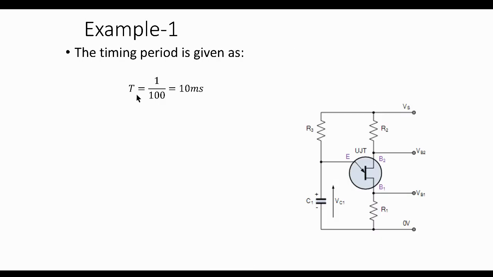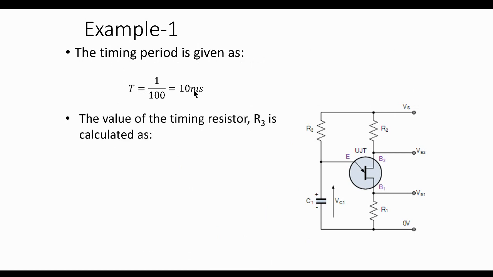If the frequency is 100 hertz, we can work out the period, and that works out to be 10 milliseconds. So we can now substitute into the expression and work out our value of R3.